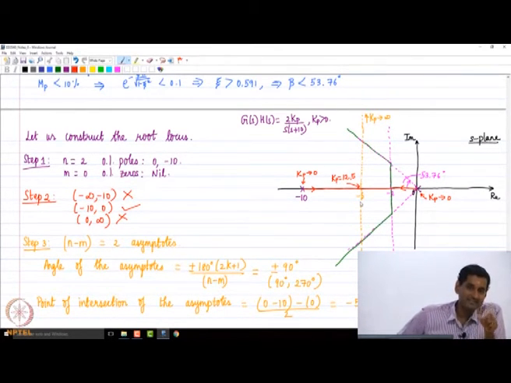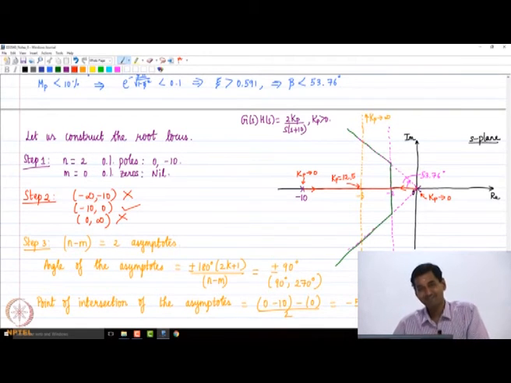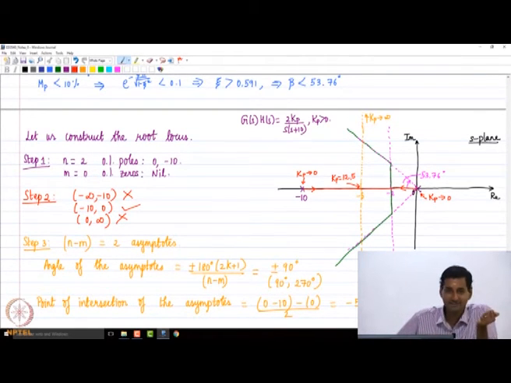The only catch is that, as I told you, if you have a breakaway point or a break-in point which is complex, the conjugate also must be one. But the condition is that k should still be positive, of course if you are considering positive k, or negative if you are considering negative k. That constraint we need to always check. Okay.